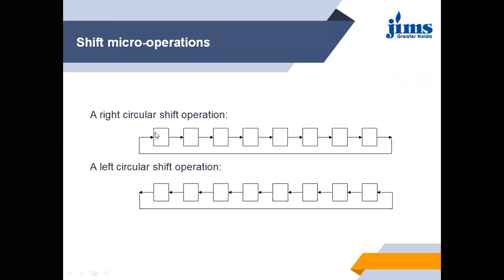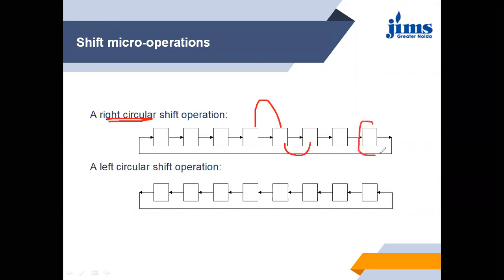Let us see an example of this also. So this is a register. When we are performing the circular right shift, the content of this is going to be shifted over here, means to the right.